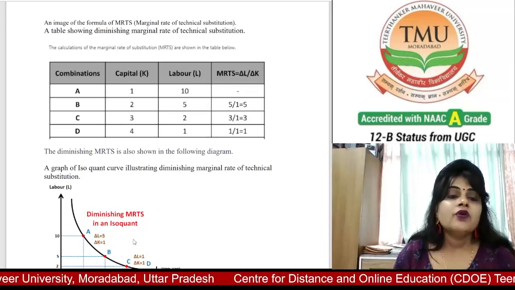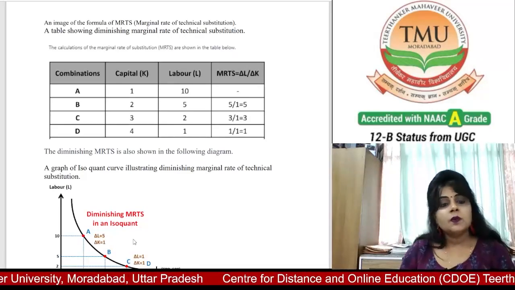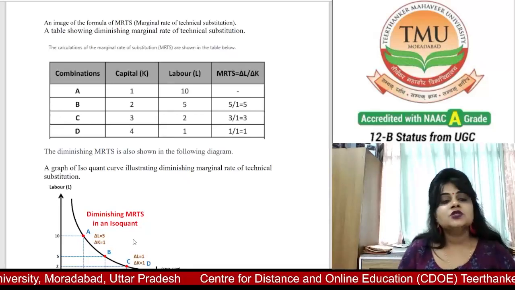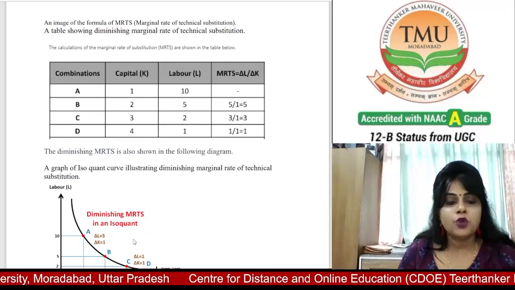The marginal rate of technical substitution is represented by the absolute value of an isoquant's slope at a chosen point.